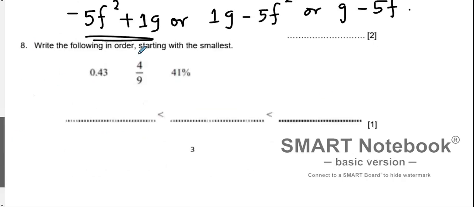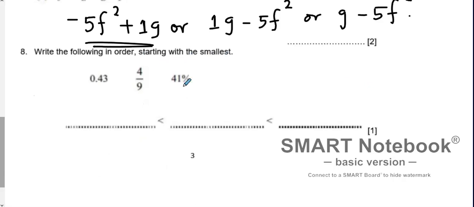Okay, write the following in order starting with the smallest number. So what I'm going to do is convert every single number here into a decimal. I have 0.43, which will remain like this.